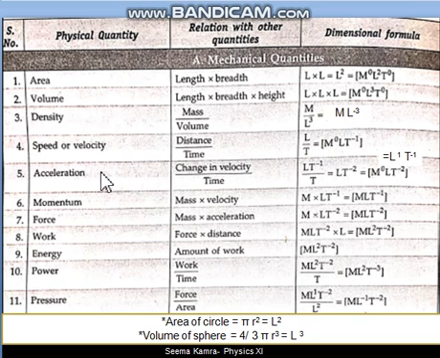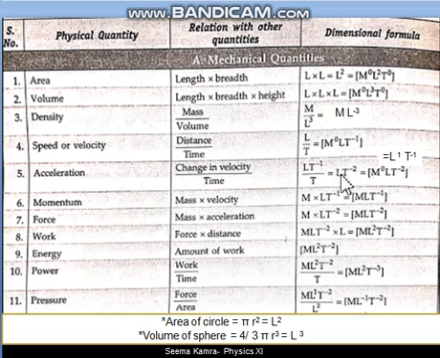Let's see acceleration. Acceleration is change in velocity upon time. Change in velocity or velocity will always have the same unit, that's why we can replace it by velocity only. So the velocity answer is L1 T minus 1, and upon time is also T1.